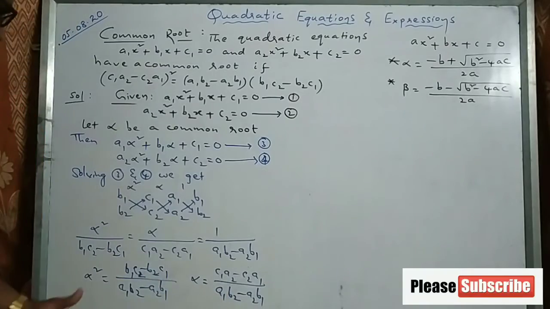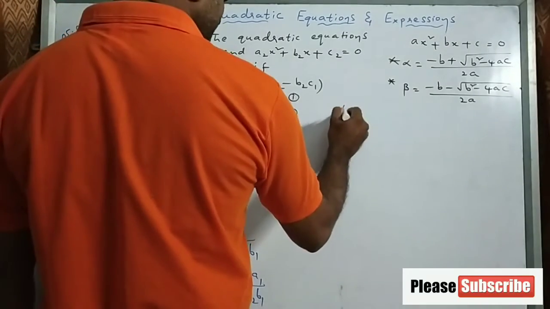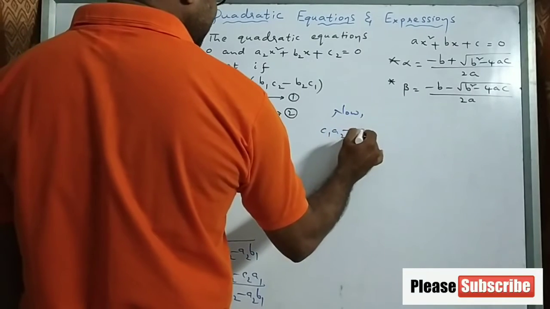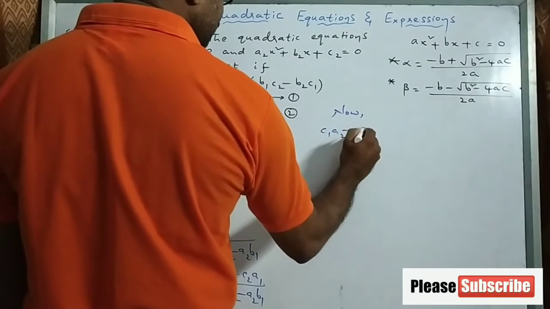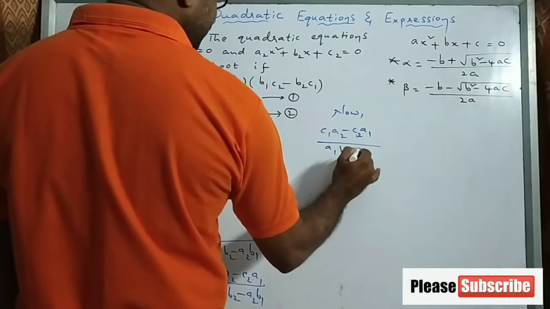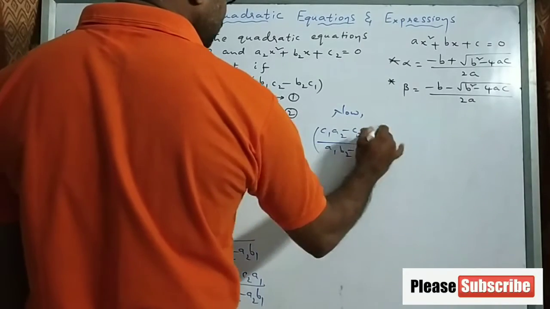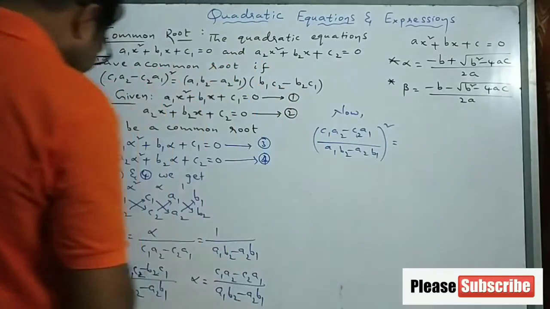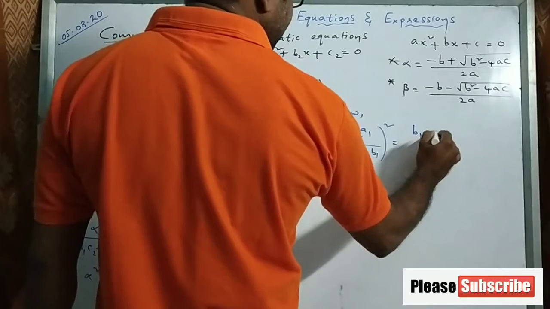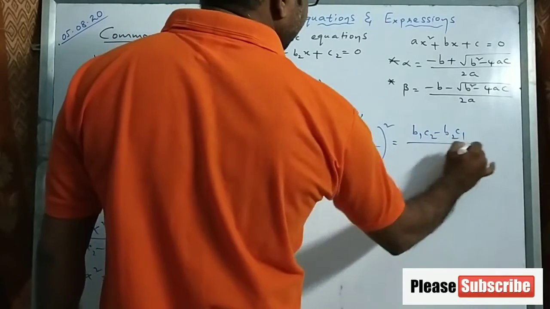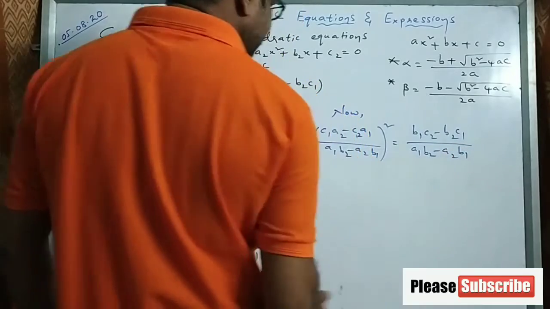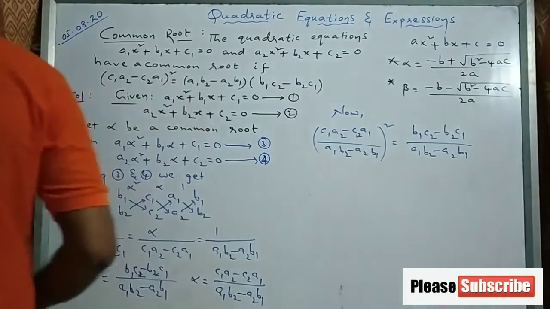In the place of alpha replace this: c1a2 minus c2a1 by a1b2 minus a2b1 whole square equal to b1c2 minus b2c1 by a1b2 minus a2b1, right? So let us simplify that.